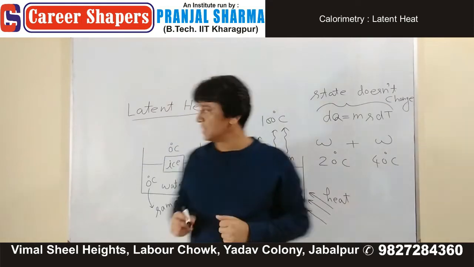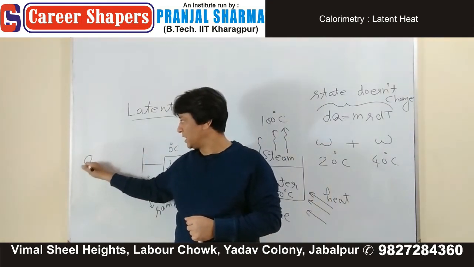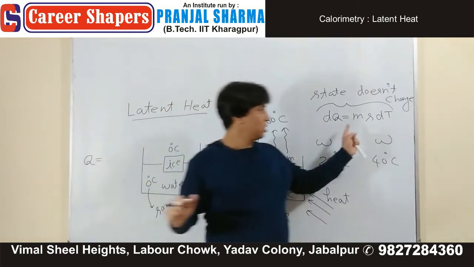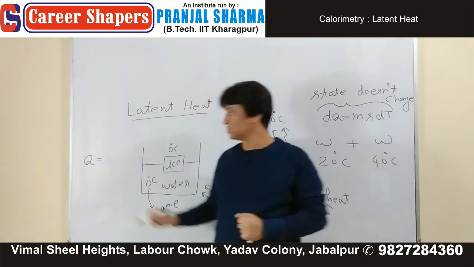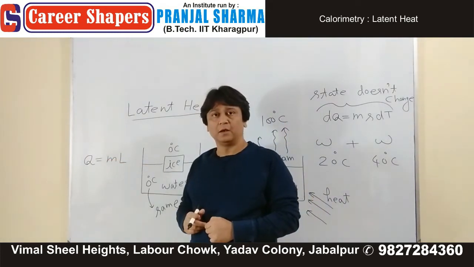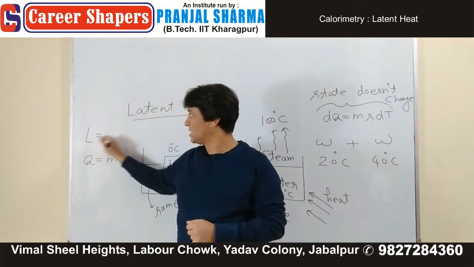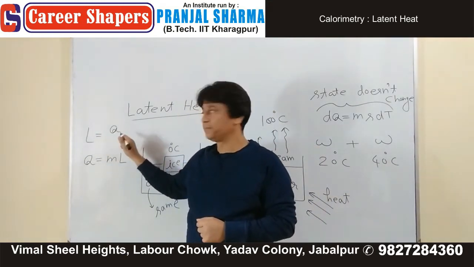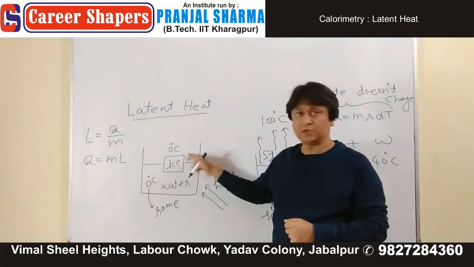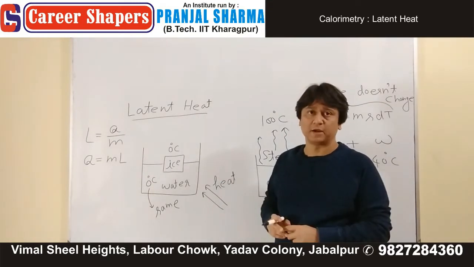And when it does that, we say that heat supplied Q is no longer m s dT, but is m multiplied by L. Basically what was found is that the amount of heat supplied and the mass of ice which melts, this ratio is always a constant.